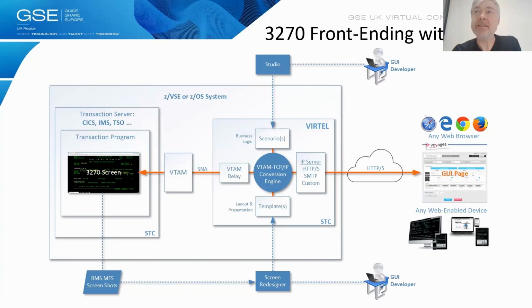But that comes to the second part of the question. Obviously, you're up and running, but you don't know how to use the product. So how would we help? What I found the best way to work with people who would like to use VSR is that we ask them, because with Virtel, we can capture a trace, the 3270 trace that we inject into Virtel Screen Redesigner.